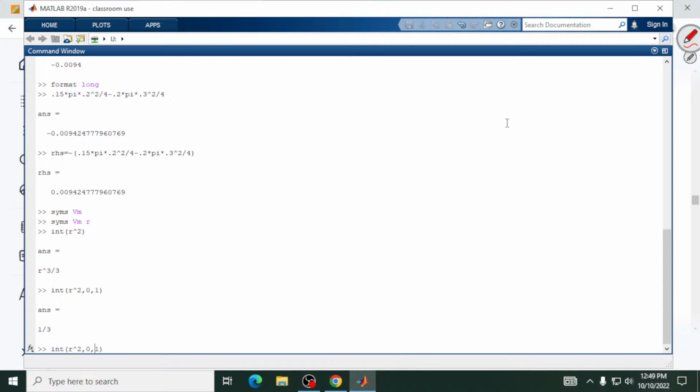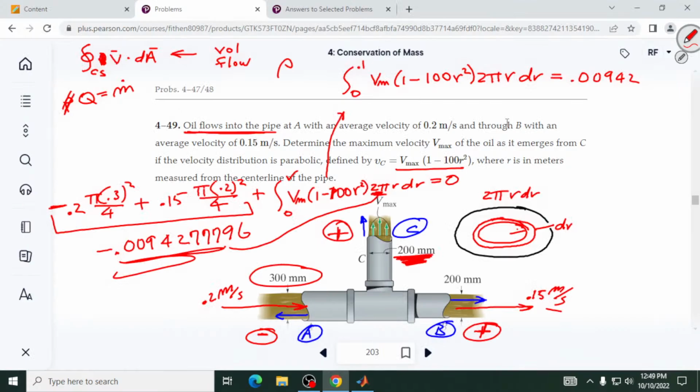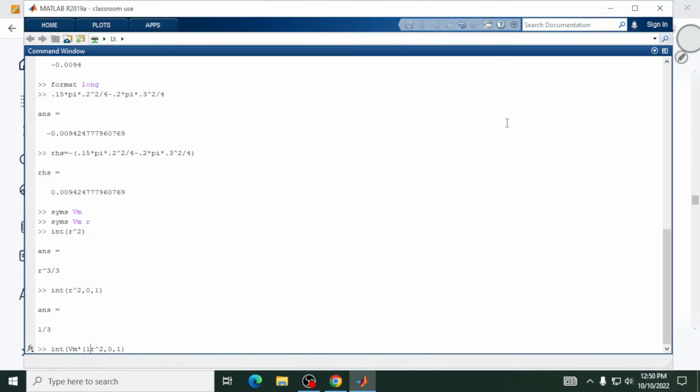Okay. So now I'm going to do this. Vm times, what was it? 1 minus 100 r squared, minus 100 times r squared times 2 times pi times r integrated from 0 to 0.01.